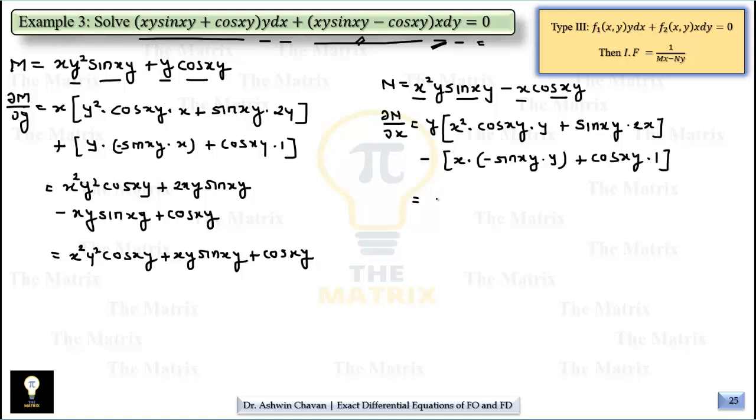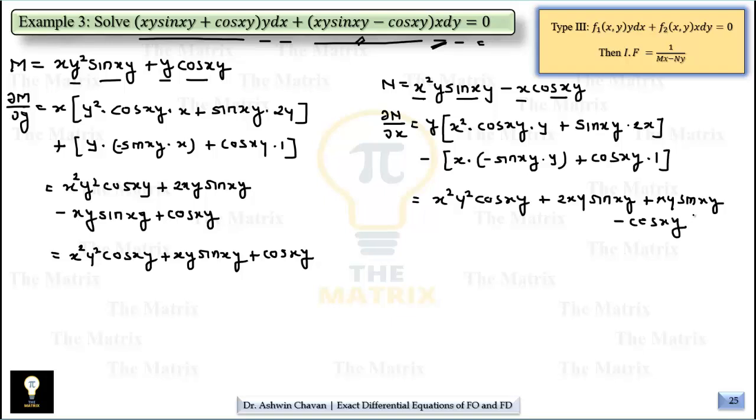If you open the bracket, we get x square y square cos of xy plus 2xy sin xy minus, plus xy sin xy, minus cos of xy.